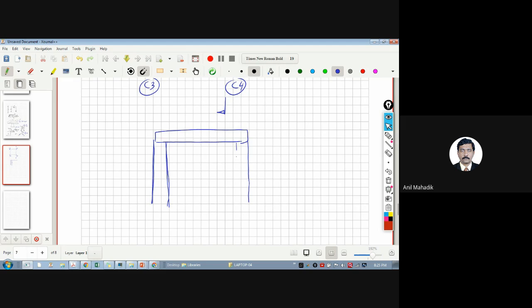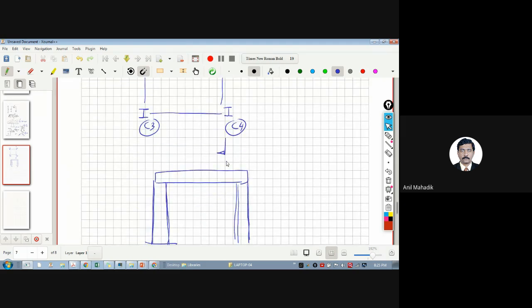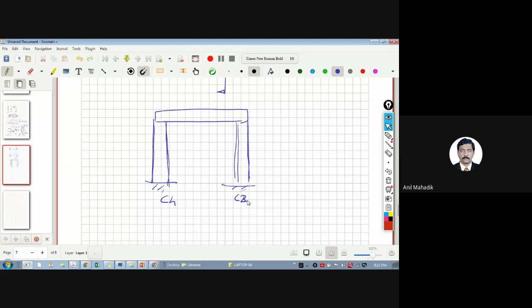Double lines, why? Because there is a flange. This is my C4 and this is C2. And this is your I section.